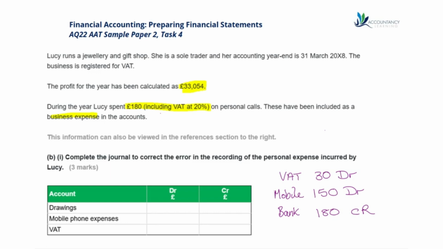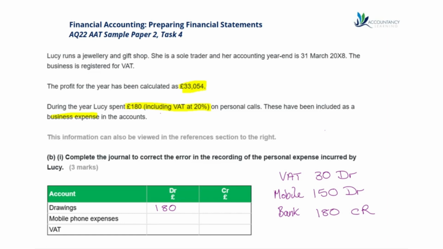Now that shouldn't be in there like that. It should actually be showing in drawings. So what we're going to then do is we're going to put the full 180 into drawings, because as a personal expense, she wouldn't be able to claim back any VAT or anything like that.